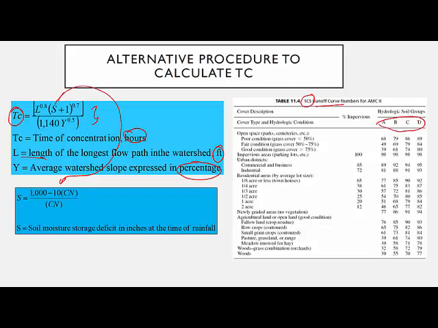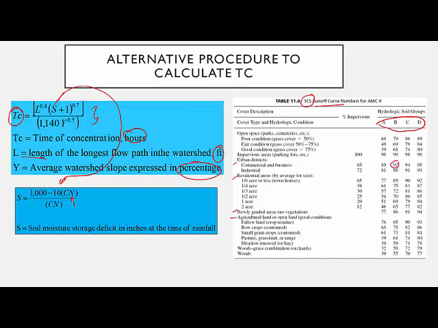It goes from A to D. And we will see what that means in a moment, but the problem will tell you most times what hydrologic soil group it is, and then what the land cover type is, if it's urban, if it's residential, if it's agricultural, and so on and so forth. So then this curve number would be, if it's commercial and business, soil type B, then it's 92, and that's what you will substitute here in the curve number, and it will give you a soil moisture storage deficit in inches.